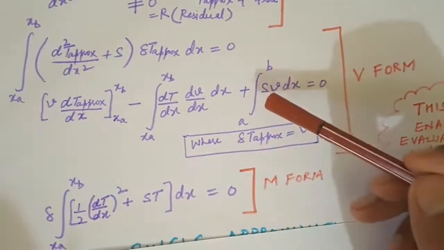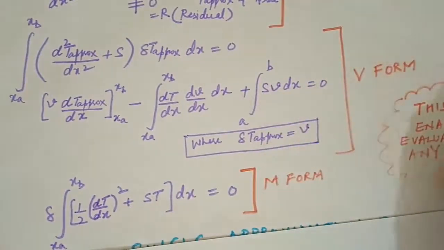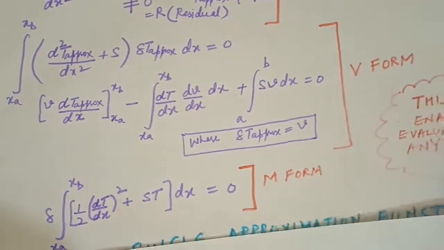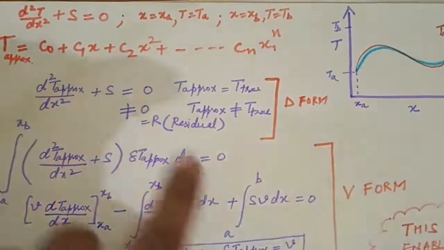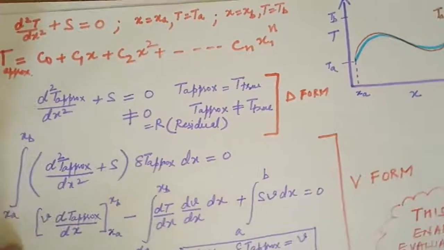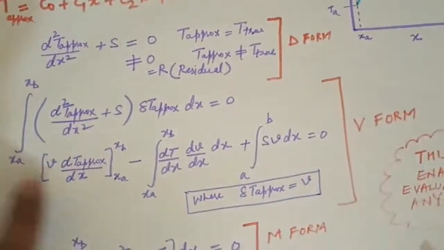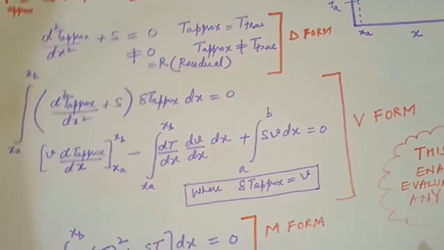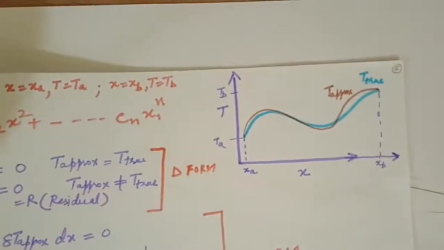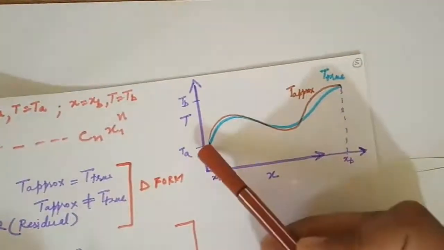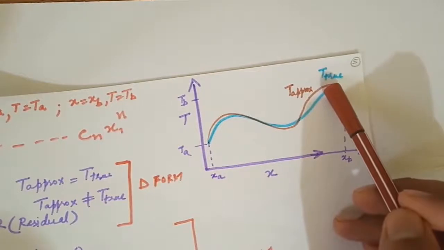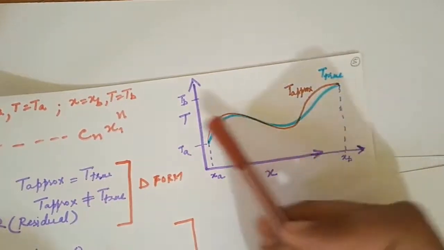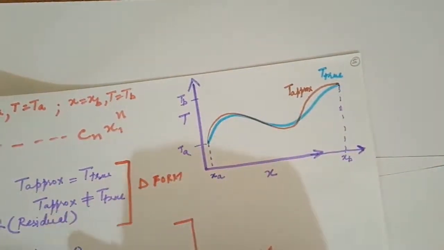So both V form and M form are put to use when D form fails. And when D form fails, we get an approximate solution through the V form route and the M form route. Essentially, we get this kind of brown curve as the approximating function, and this blue curve represents the true function.